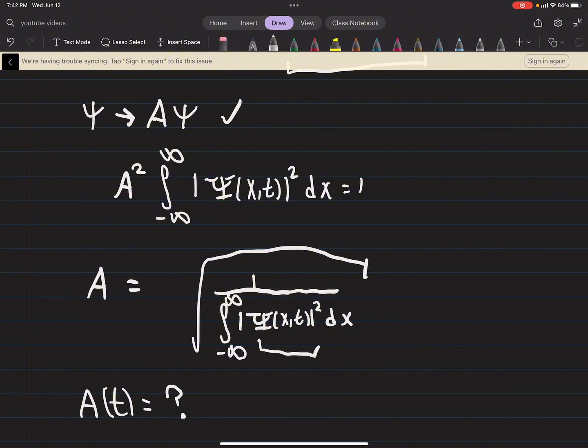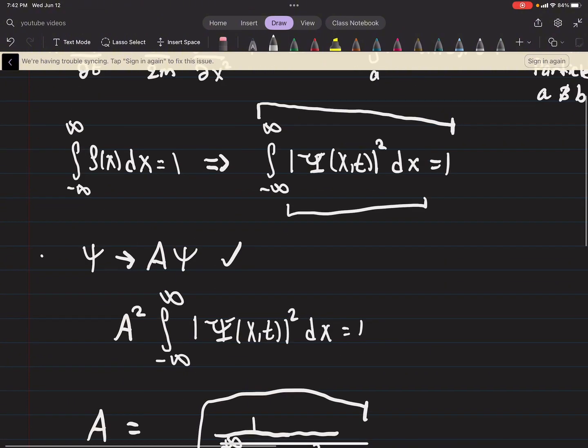And that's a problem because, again, what I did here, well, I didn't do anything, I was just kind of telling you: if psi is a solution, then a constant times any solution is also a solution. Well, that only holds true if A is a constant. If A is now a function of time, this is not generally true. So now we have a problem because what we initially did to get here isn't working.